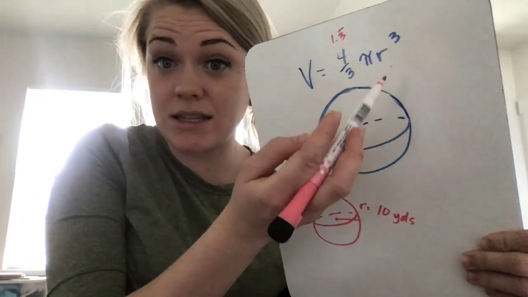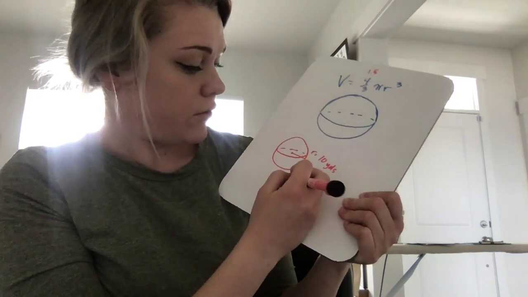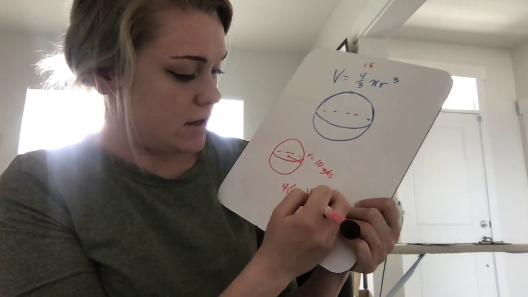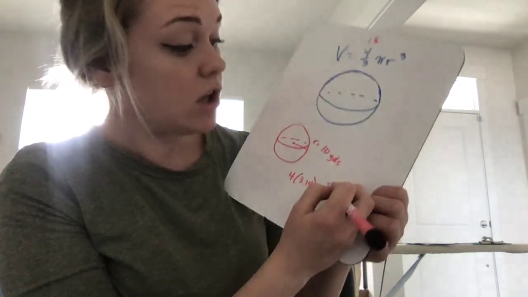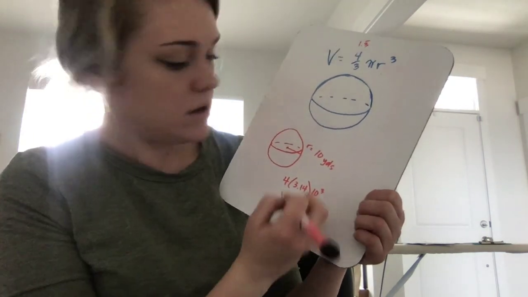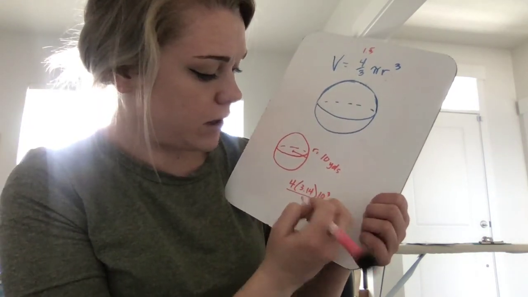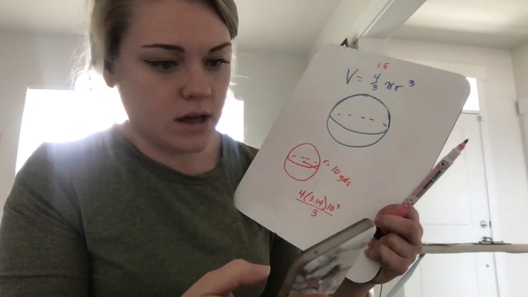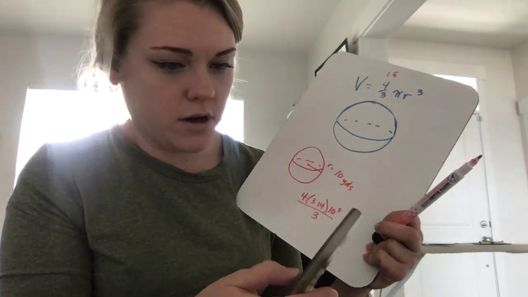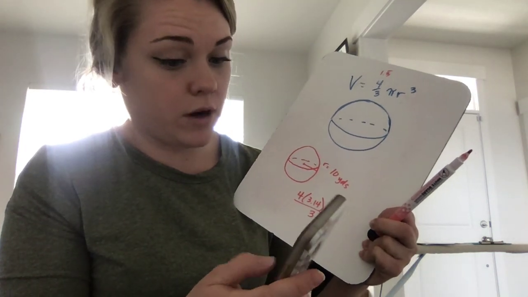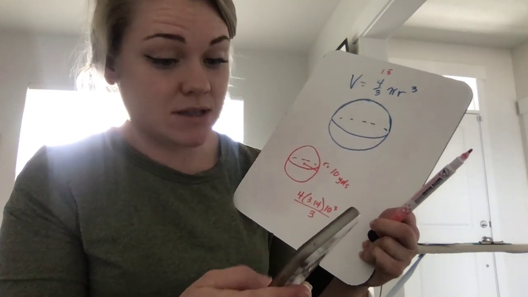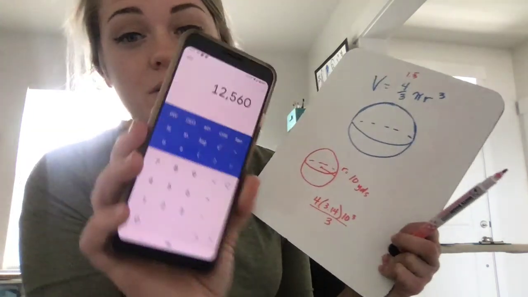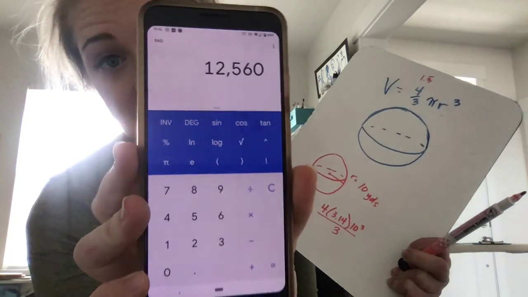I just plug in 10 to this equation. So 4 times 3.14 times 10 cubed divided by 3. So again, I'm going to use my handy dandy calculator. I have 4 times 3.14 times 10 times 10 times 10, and I get 12,560.